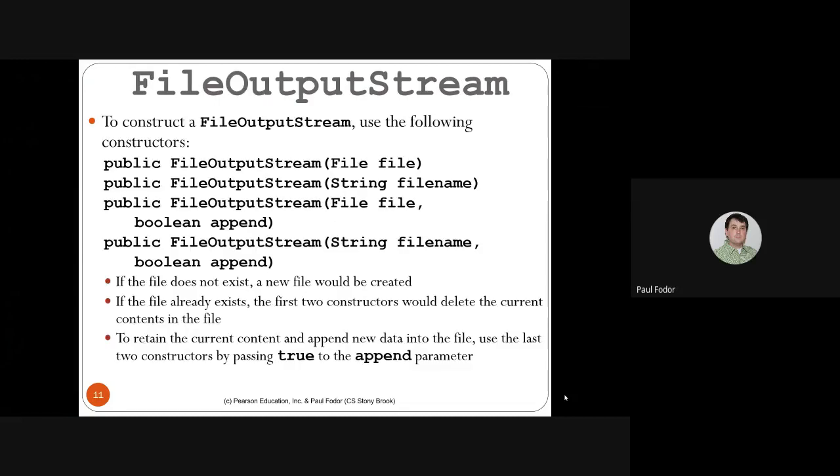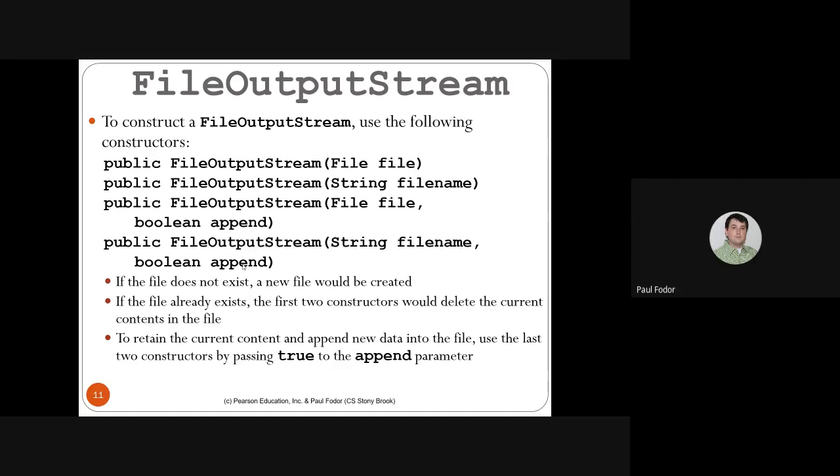FileOutputStream can be constructed either by giving the File object and a boolean append, in which case it will write to that file from the position of the last byte written to the file, or it can take the file name as a string, and again a boolean append, which if it's true, then the writer will append the new data to the file instead of writing over.